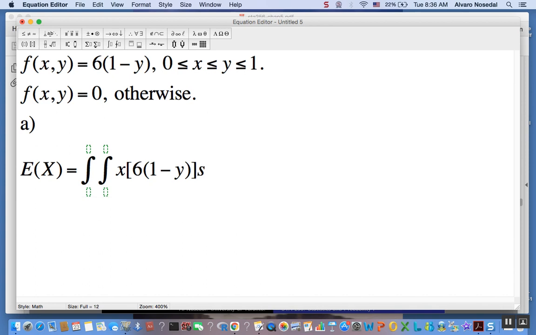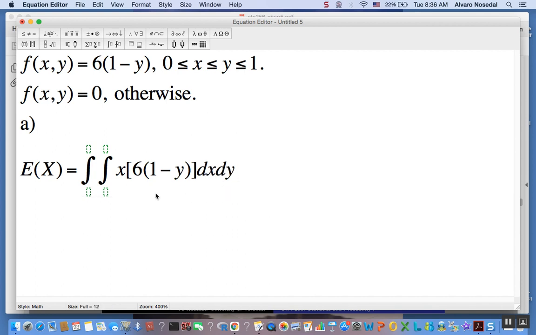Let's do the integral with respect to y, and then with respect to x. No, let's do it with x first and then y.